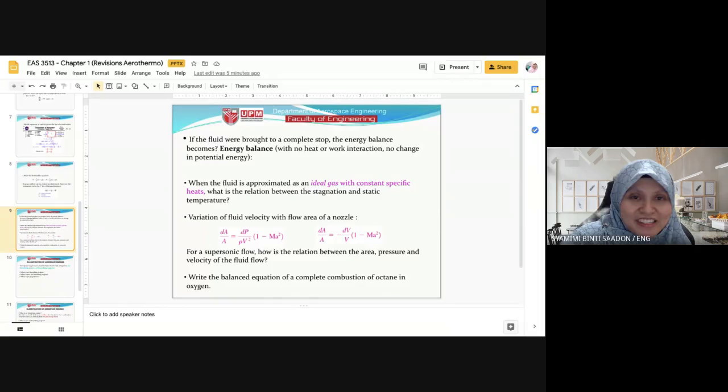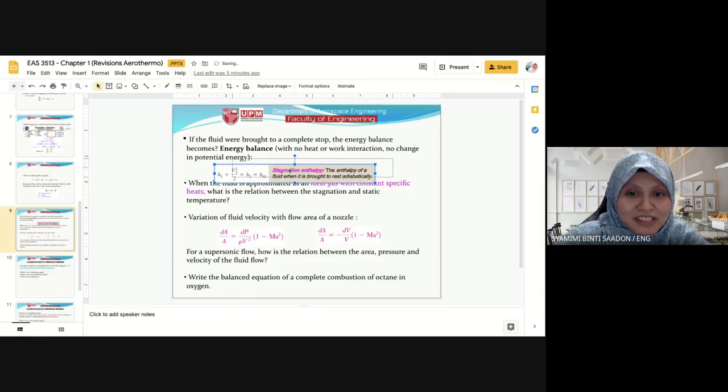This is the idea. Enthalpy, okay, so enthalpy plus what? The term enthalpy here is the thermodynamic part, and then the kinetic part. Let me just show the question, because I want to explain.